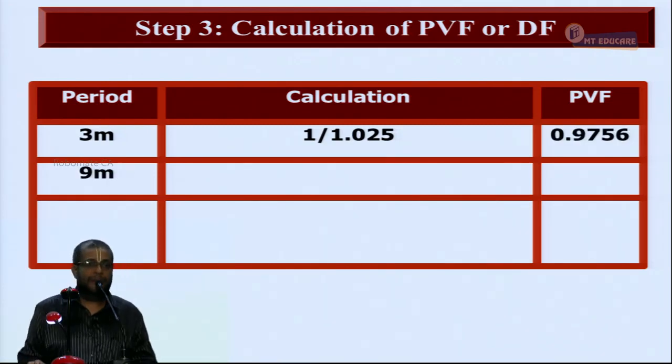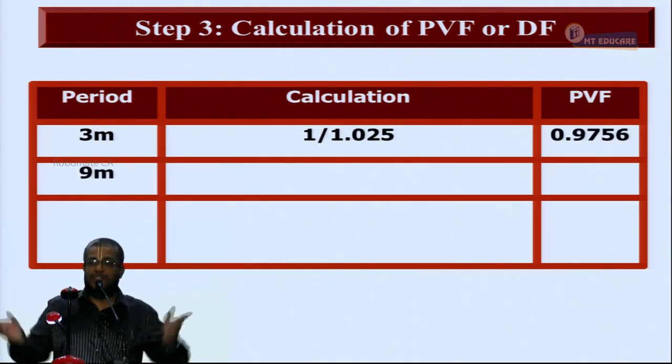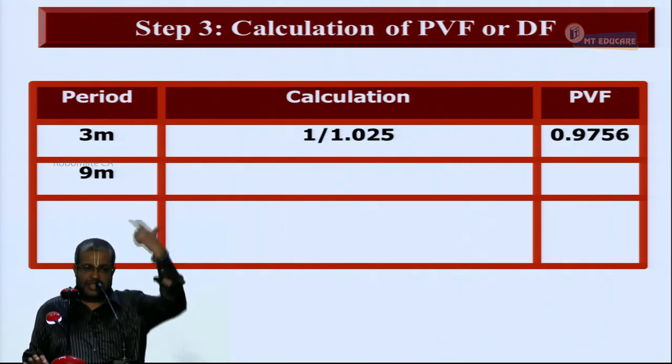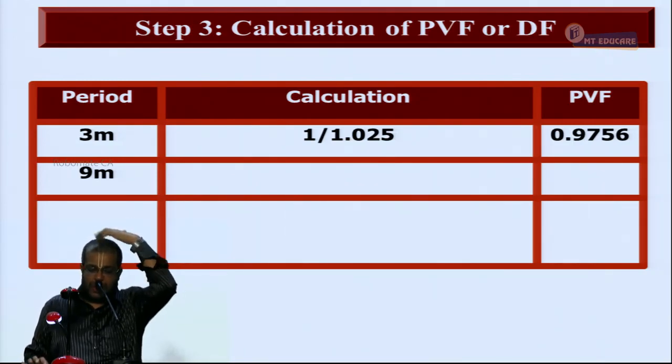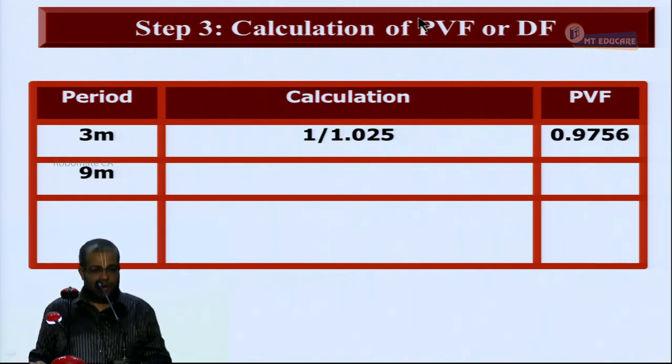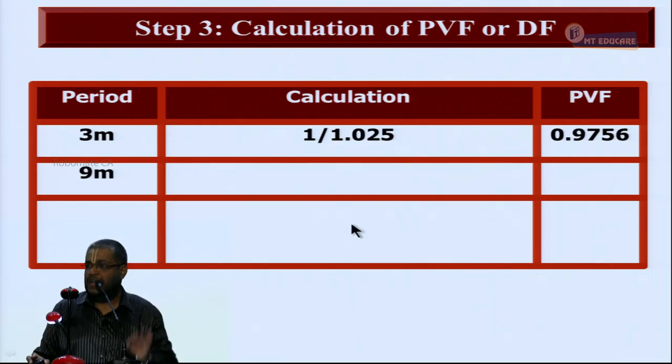The PV factor is 0.9756. Now the 9 months should be discounted 2 times: first brought to 6 months, and then brought to 3 months. After 3 months, what is the 6 months LIBOR, the 3 by 9 LIBOR? It is 10.75%, divided by 2 gives 5.375%.